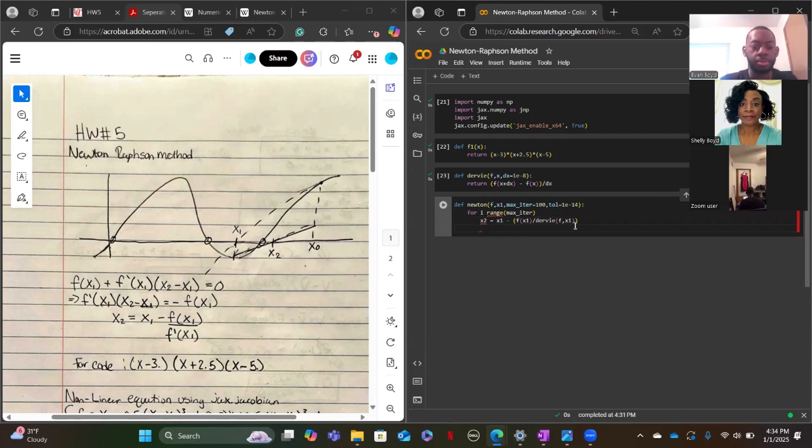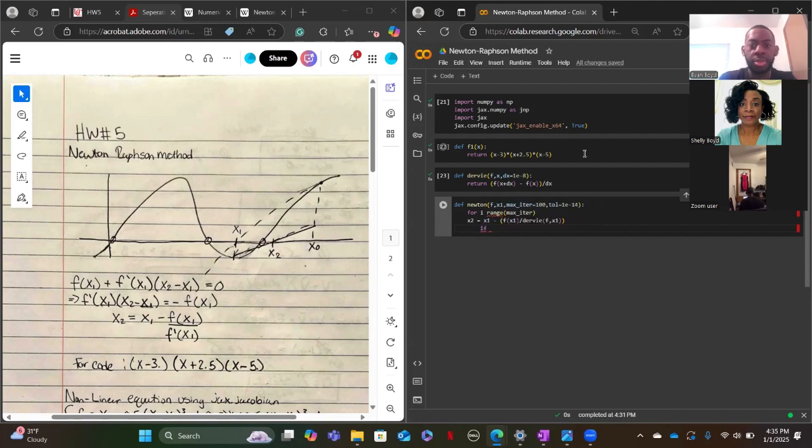And then we also have to state an if. Like I just said, if our function is less than our tolerance, then we need to cut it off.